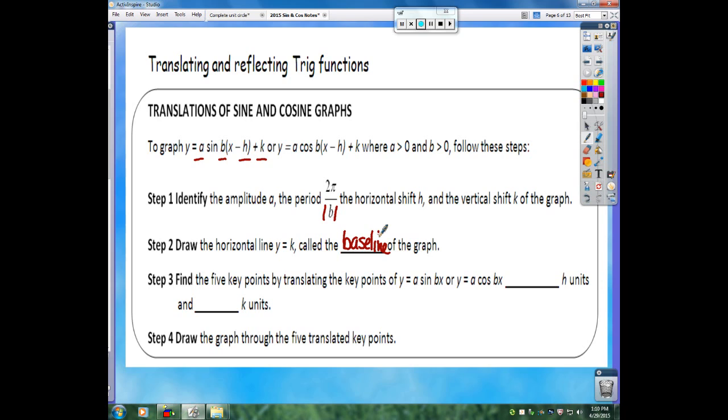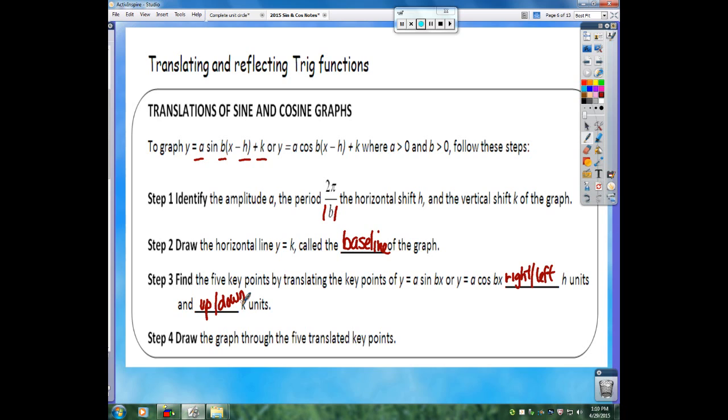We're going to find the 5 key points, that's our high, zero, low, zero, high, by translating the key points of our 2 basic graphs, sine and cosine, by H units right or left, and k units up or down. And then we're going to do those 5 key points.